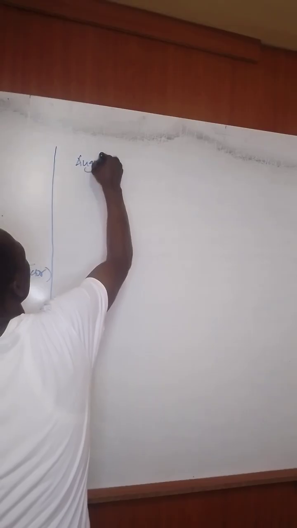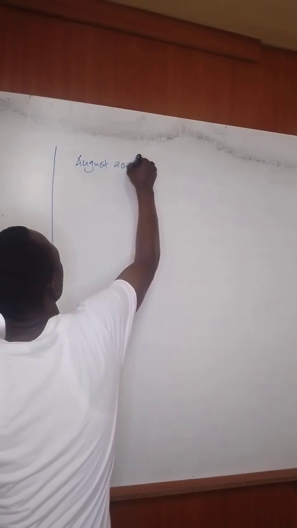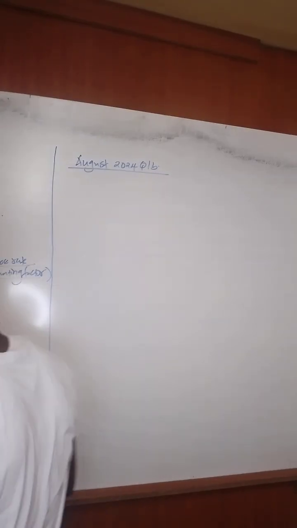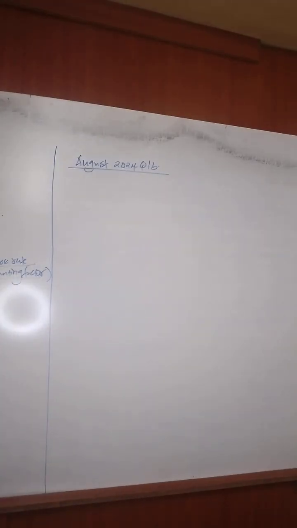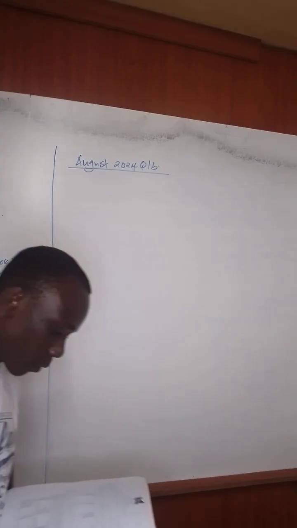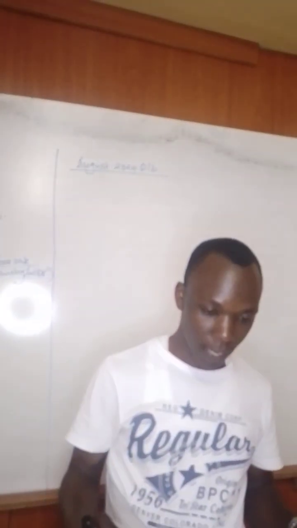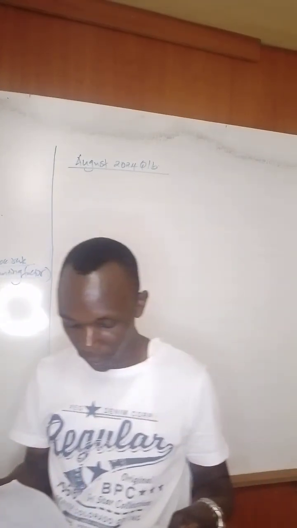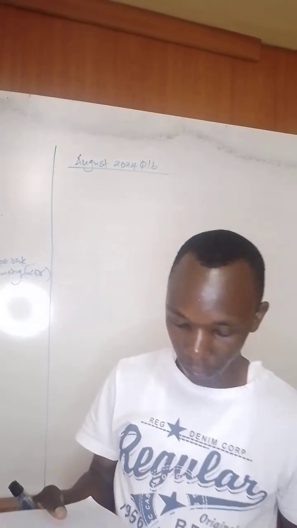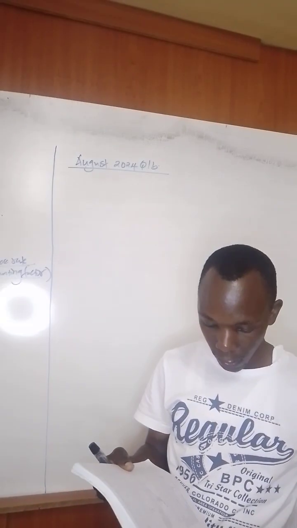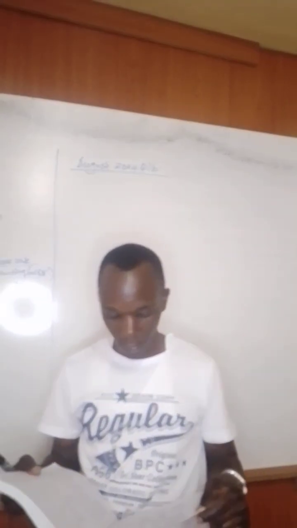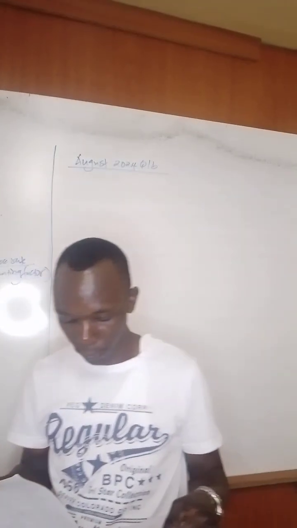August 2024, question number 1B. Let us discuss that question. The examiner tells us that a company is considering two mutually exclusive projects, namely Project A and Project B. The company uses the certainty equivalent approach to evaluate a capital project.